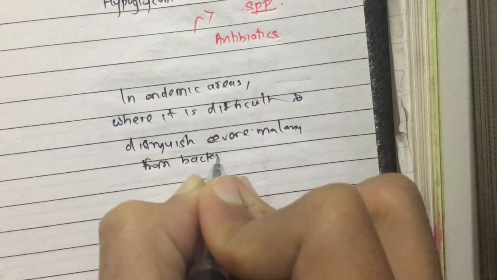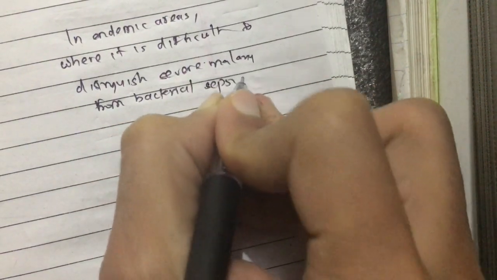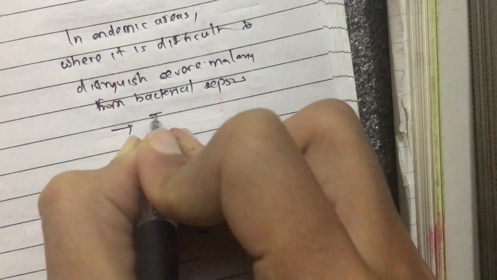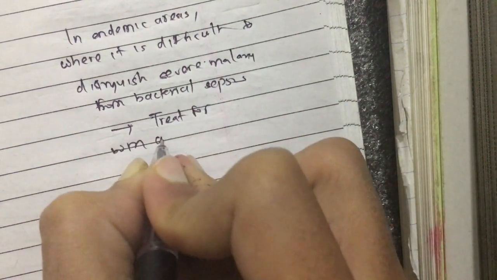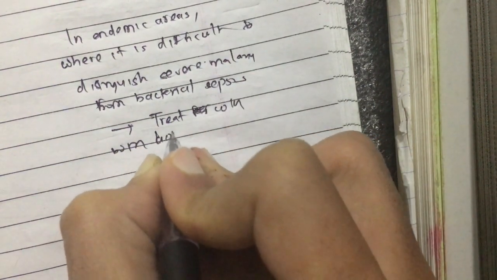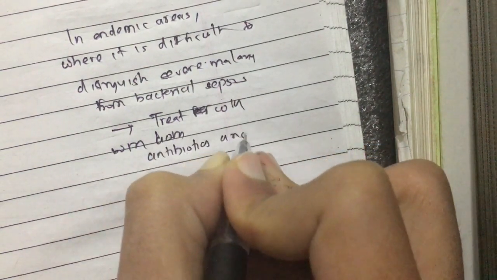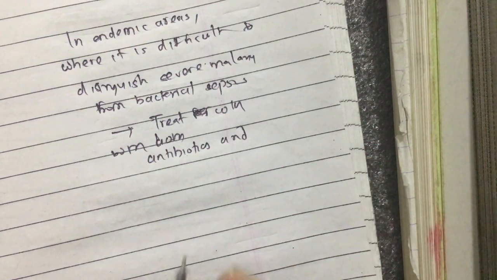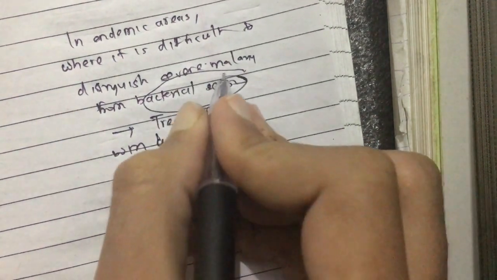Sometimes it becomes difficult to distinguish between severe malaria and bacterial sepsis. In these conditions, we should treat with both antibiotics and anti-malaria drugs: antibiotics for bacterial sepsis and anti-malaria drugs for severe malaria.